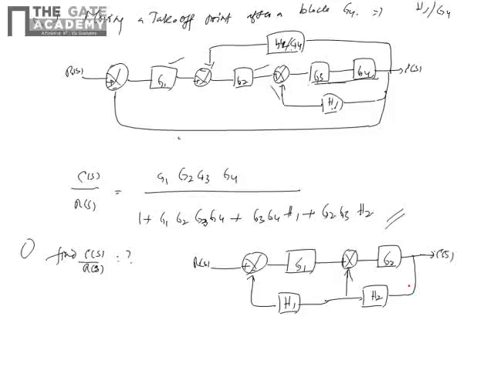So here, how to find out? Suppose there is no h1 loop here, then with only h2 alone, we find out g2 by 1 plus g2 h2.